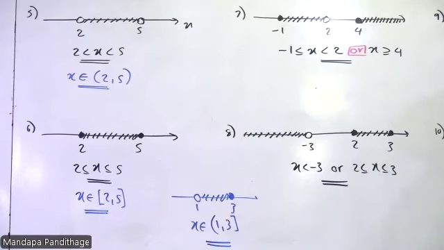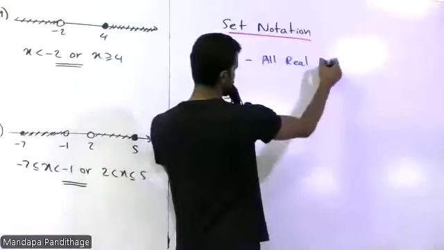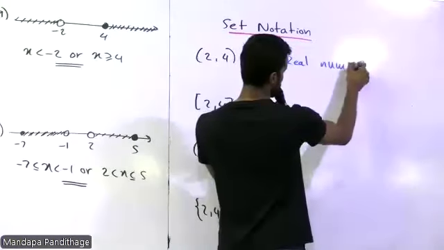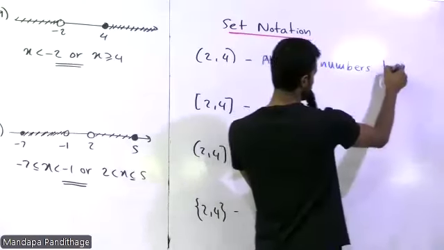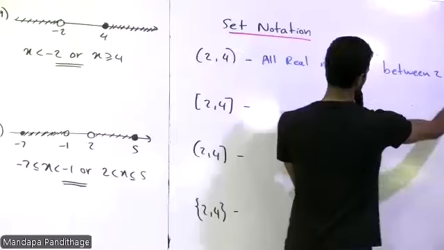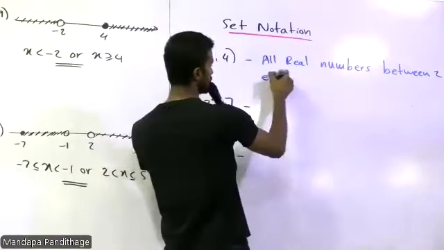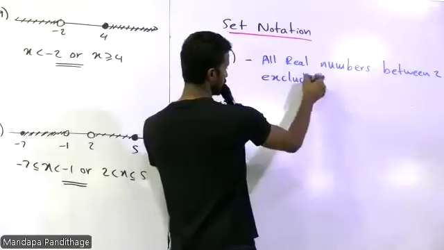Real numbers, or all real numbers, between 2 and 4, but we have excluded 2 and 4.